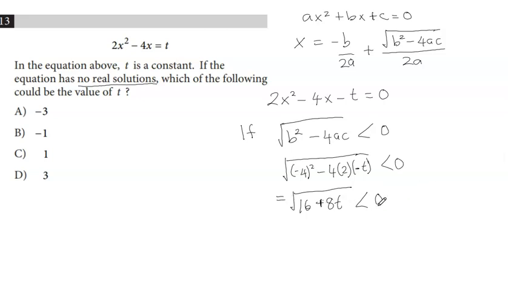We can square both sides to get rid of the square root sign. So I square this, square that. So I have 16 plus 8t, still less than 0. And from here I can find the value of t. If I subtract 16 from both sides, 8t is less than minus 16.